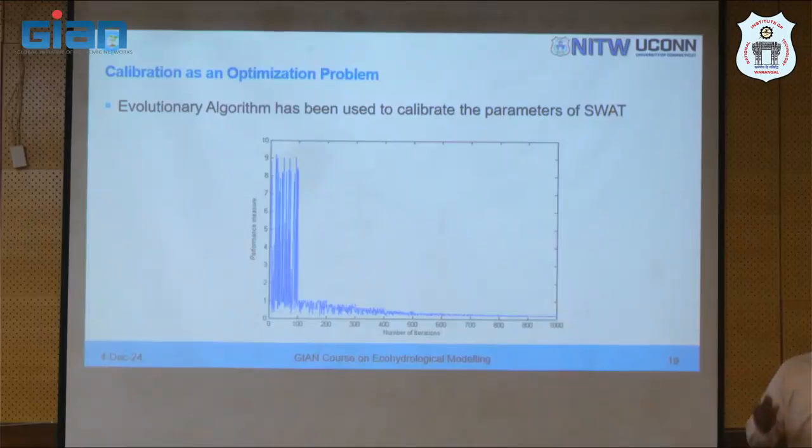Now, one of the things with these models and model calibration, based on whatever little experience I have, is that everyone uses both the model and model calibration as a black box model. You know what a black box model is? We give an input, it gives an output, no one cares what's happening inside, right?